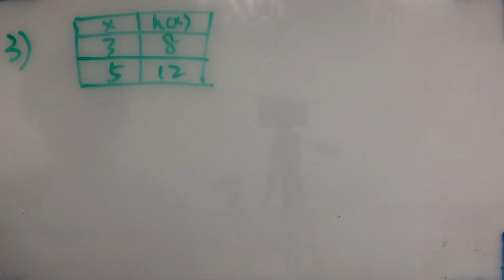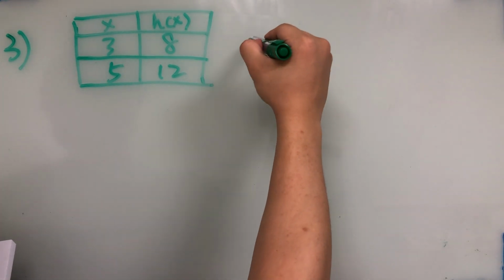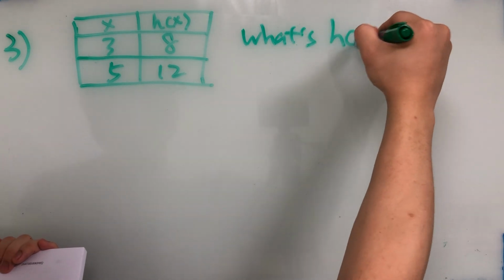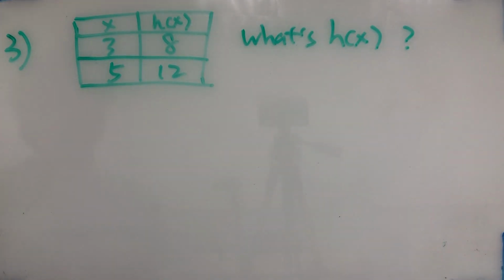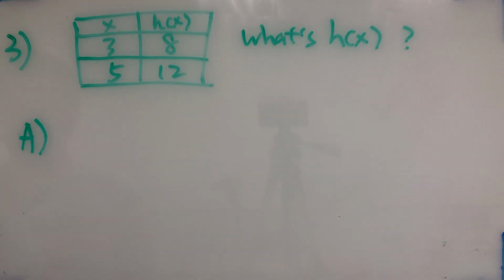Alright, so it asks what's h of x, right? So there can be multiple solutions, so the only and the proper way to solve it would be to see what the functions are and plug them in.